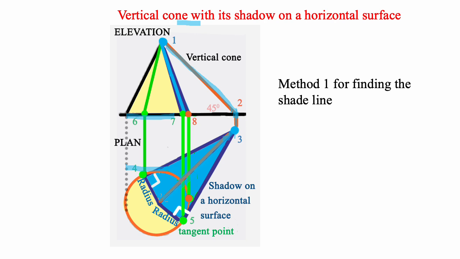Then draw a radius that's perpendicular to the sides of the cone. So that's different from cylinders. This one is perpendicular to the side. And then we take this point and go up, and that would be the shade line in back. And if we follow this point up to number 7, we get the shade line in front.